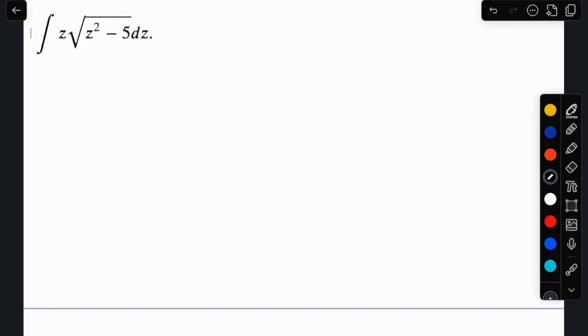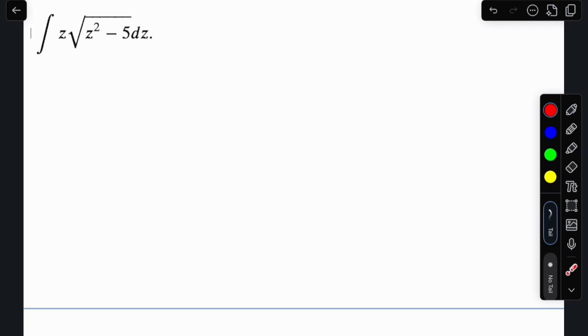Now, it's very rare you'll get a question as easy as the one we just did. Most of the time, if it's an integration by substitution question, it's going to require a little bit more thinking. Okay, and in this scenario, we've got exactly that.